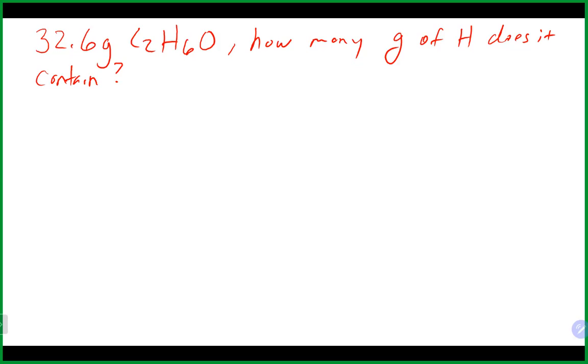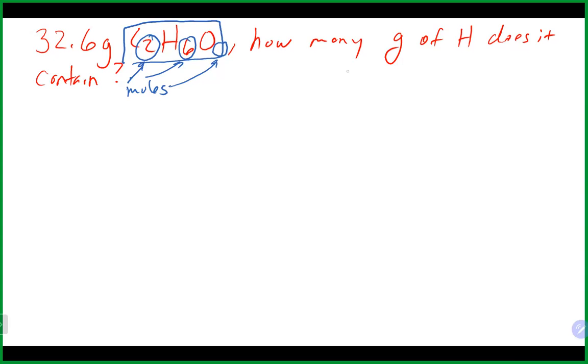And the way that we could do that is we could get some conversions that come directly from the formula itself. So when we look at these numbers that are on the bottom, and obviously that's a 1 there if no number is written, we could assume that these are the moles of each of these things. So we could use the formula itself as a conversion factor that will allow us to go from the whole thing to just one of the elements that are involved.